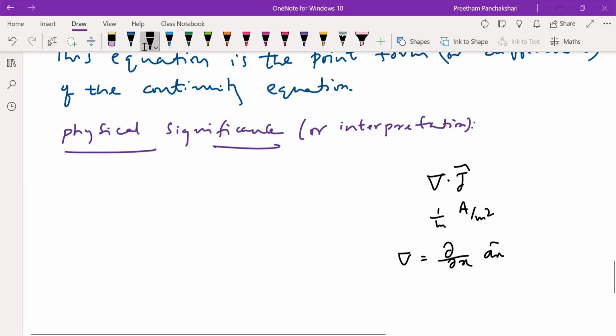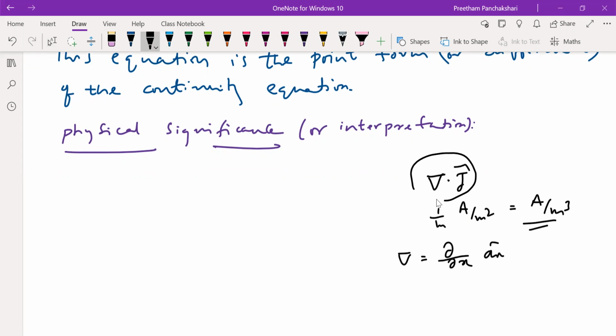So totally del dot J has the dimension of ampere per meter cube, that means current per unit volume. So del dot J mathematically represents current per unit volume. But physically, it signifies the divergence of current per unit volume. If you forget about meter cube for the time being, you have amperes, so del dot J represents the divergence of current. When you include meter cube, it represents divergence of current per unit volume at a point.